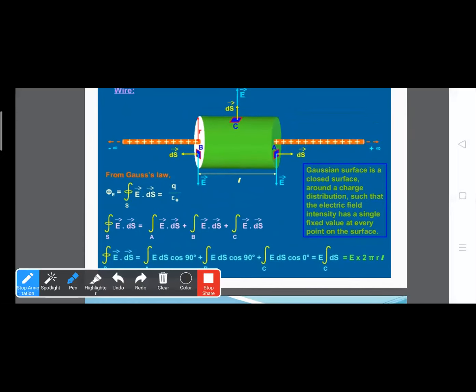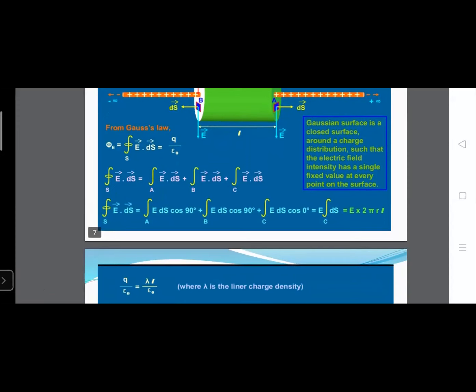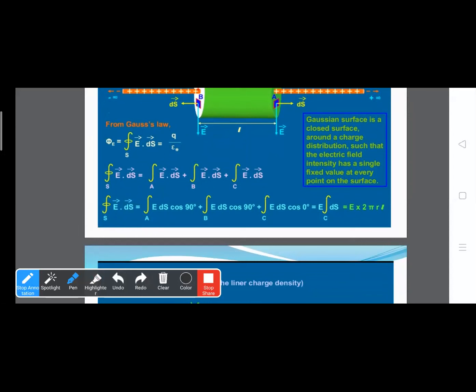So now we write the equation like this. The total electric flux passing through this surface is given by the integral of E dot dS at point A, plus at point B, plus at point C. Clear?